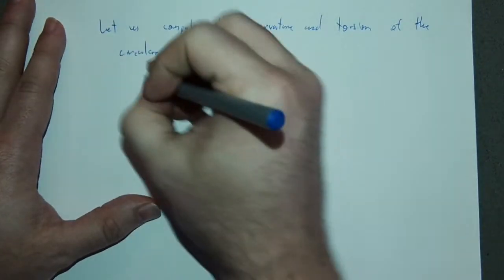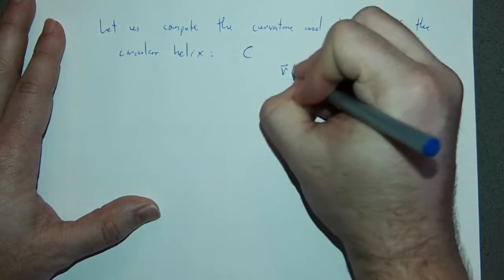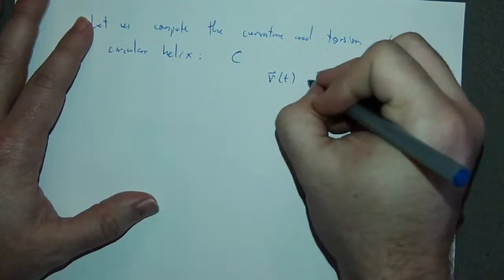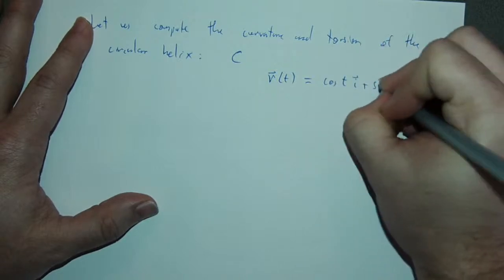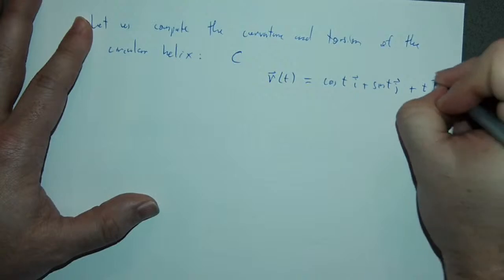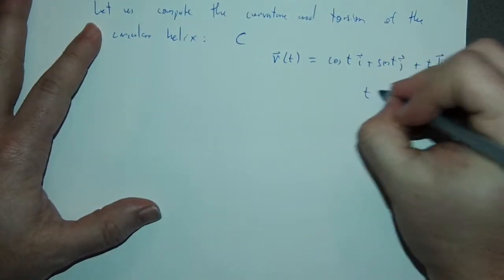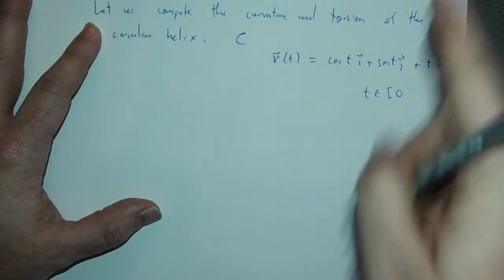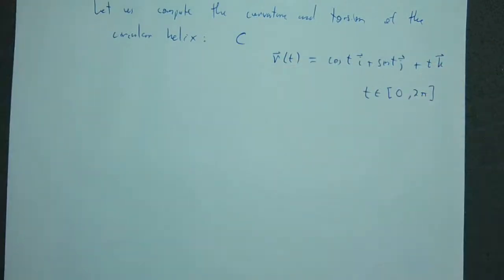So recall, the circular helix is a curve C. One example of a circular helix has parameterization cosine t i plus sine t j plus t k, where t, we'll say, goes over just one arc of this circular helix.